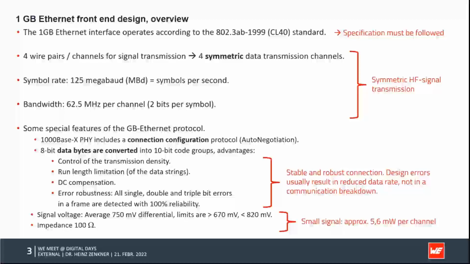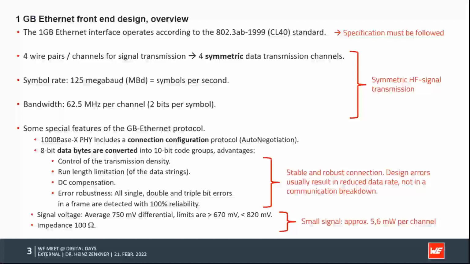The next point defined there is that Gigabit Ethernet works with 4 wire pairs, so 4 symmetric data transmission channels with a bandwidth of 62.5 megahertz per channel. This means in the end it is a symmetrical RF or high frequency signal transmission, which has to be considered.